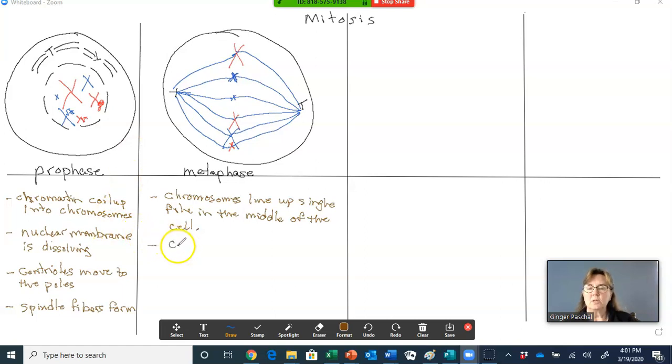So the centrioles are attached to the centromeres of each chromosome.